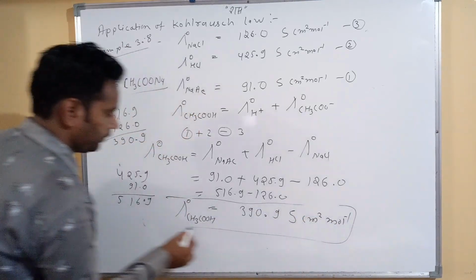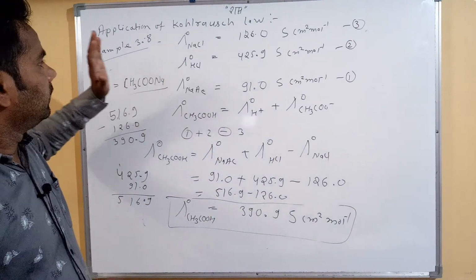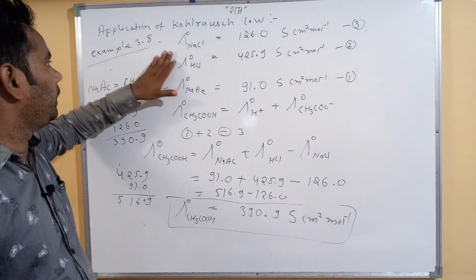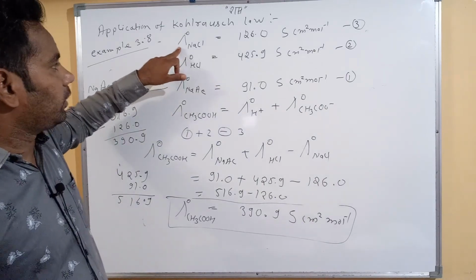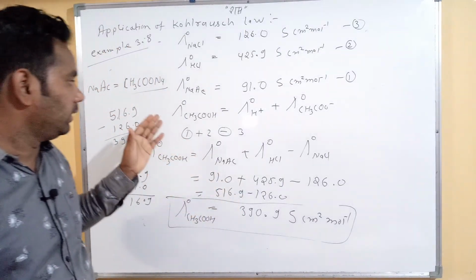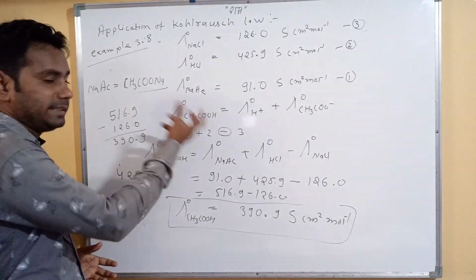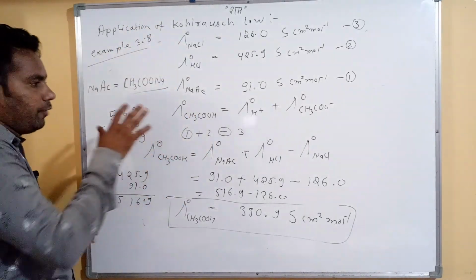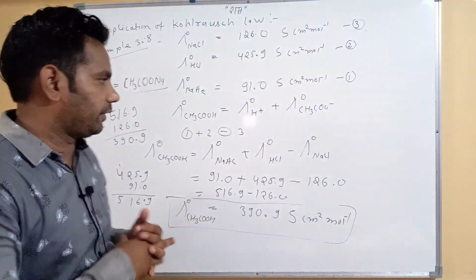I think it's very easy. One more time we check it. We use the first application to solve this problem, example 3.8. The example says calculate the limiting molar conductivity of the weak electrolyte acetic acid with the help of this data. I want H plus ions and CH3COO limiting molar conductivity.